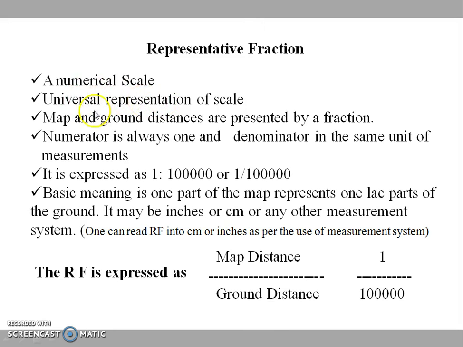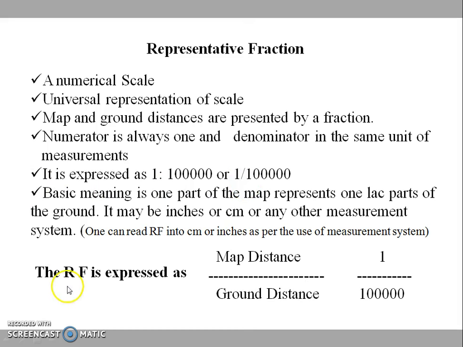In RF, map and ground distances are presented by a fraction. In this, numerator is always 1 and denominator is in the same units of measurement. It means map distance is always 1 and the ground distance is of any number, but both in the same units of measurement. It is expressed as 1:1 lakh.